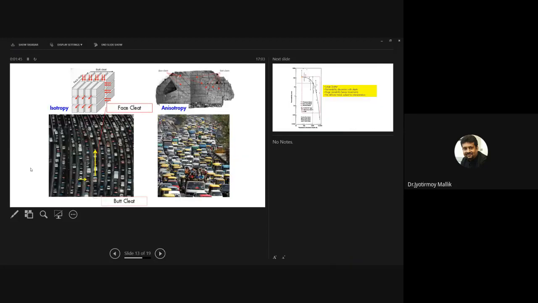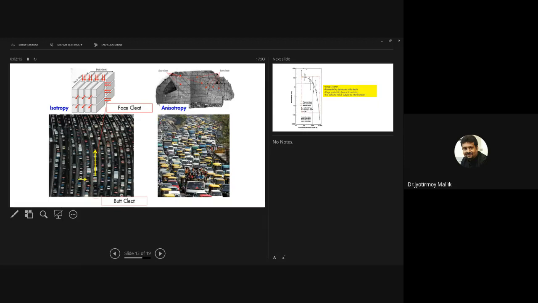And this is how the analogy of face cleats and butt cleats goes. If you think that there are only face cleats present in a particular coal system, there is only one-way traffic, the cars. You can put an analogy with a busy traffic system.